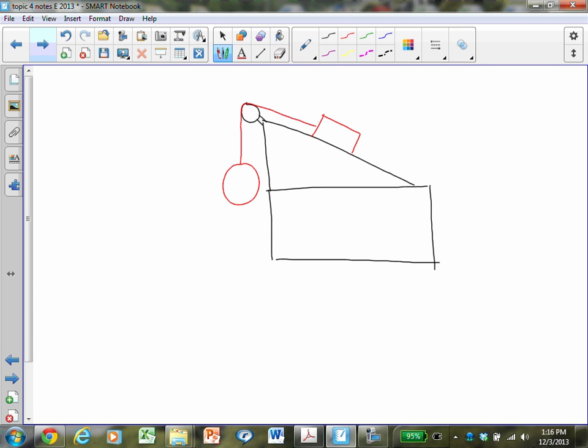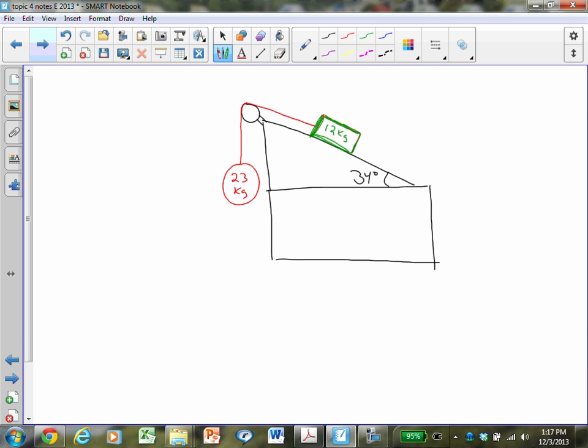Make the block green. And it says the angle of the ramp is 34 degrees. It says the mass of the block is 12 kilograms. It says the mass of the hanging weight is 23 kilograms. And what is the weight of the block on the ramp?